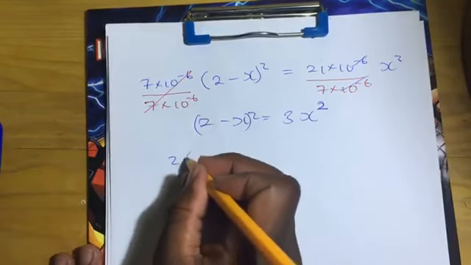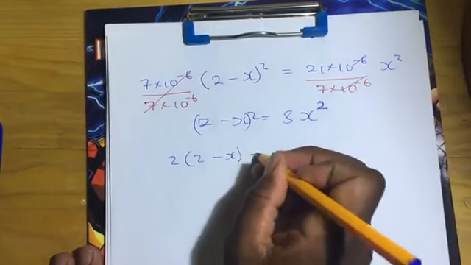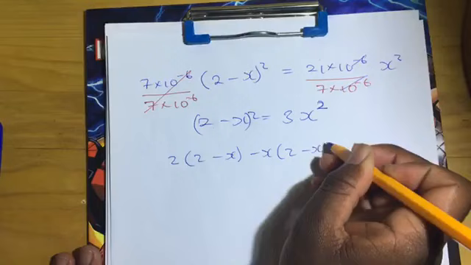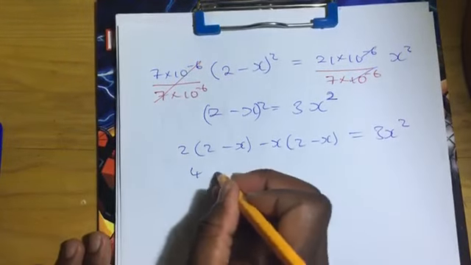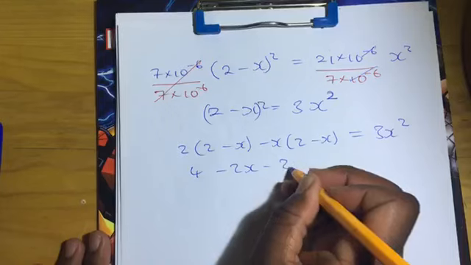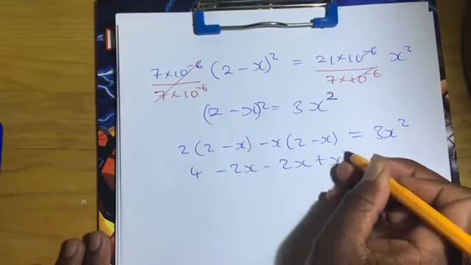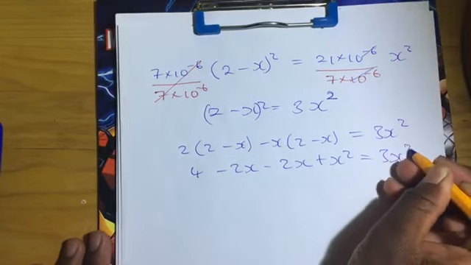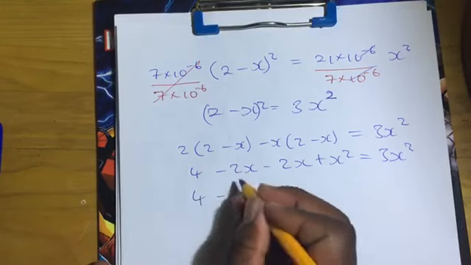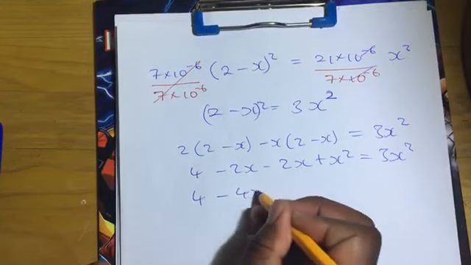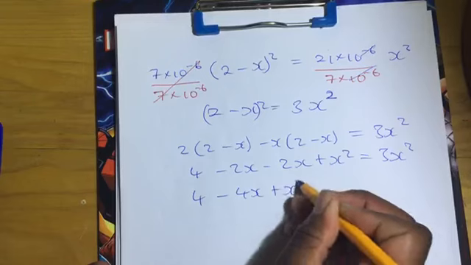Okay, and then you expand this. This is going to be 2 minus x multiplied by 2 minus x is equal to 3x squared. This is going to give us 4 minus 2x plus x squared is equal to 3x squared. You get, so this is going to give us 4 minus 4x plus x squared.